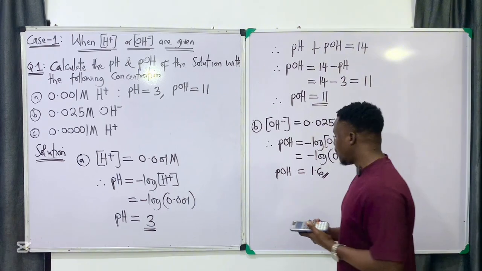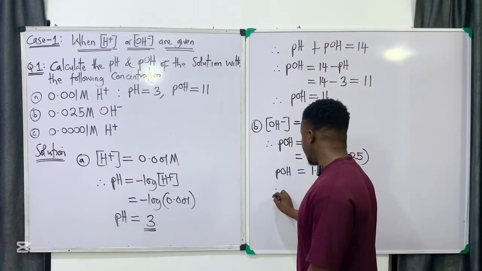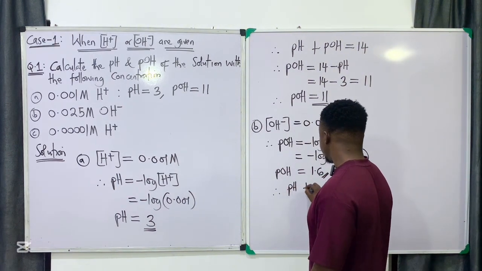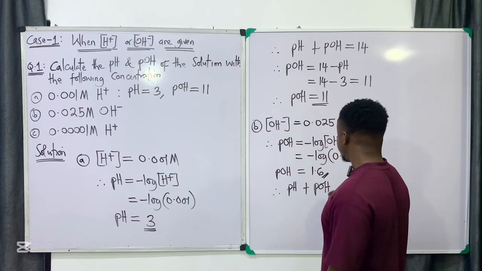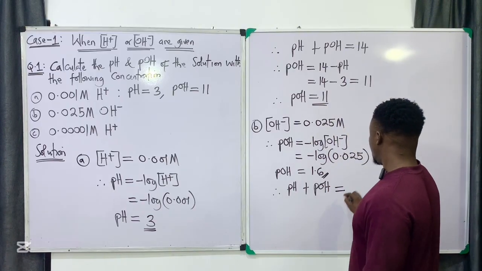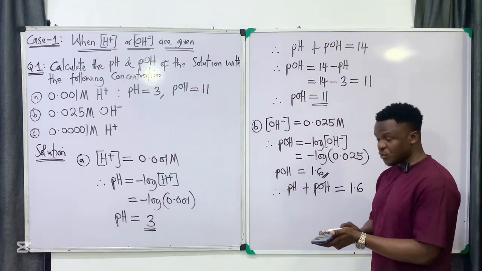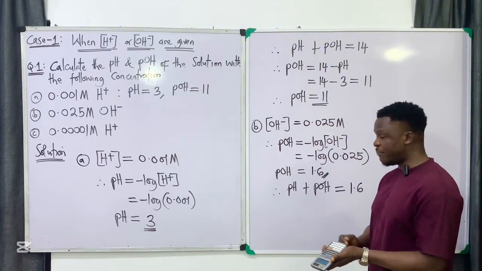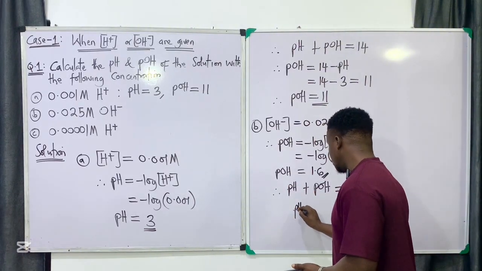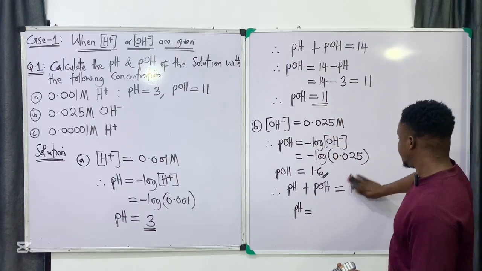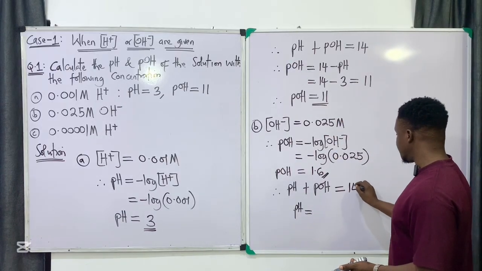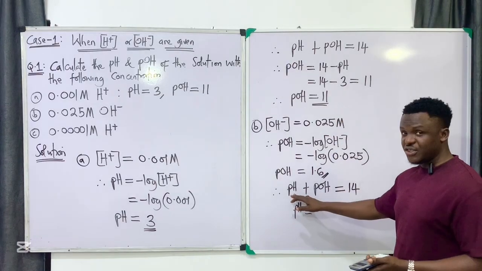Alright, so I've gotten my pOH. For me to solve for my pH, I'll use pH plus pOH equals 14, not 1.6. This is the relationship between pH and pOH.